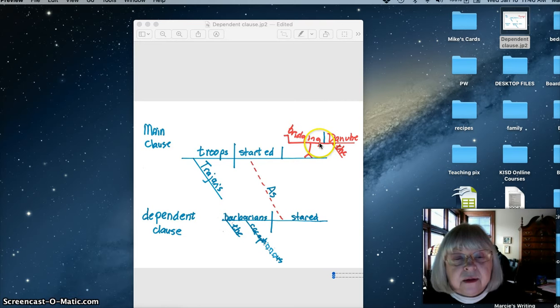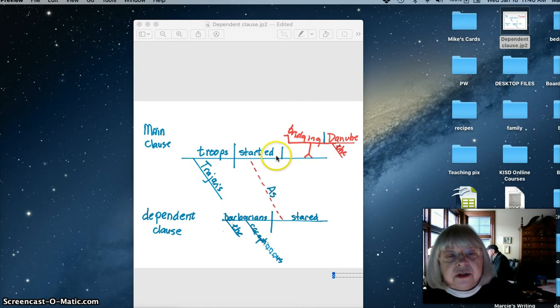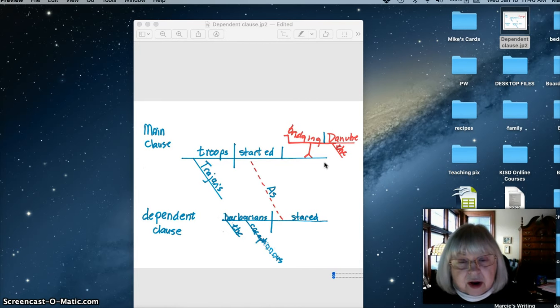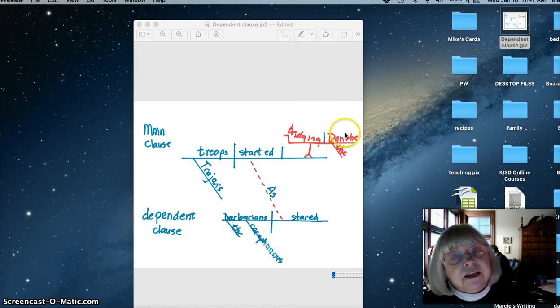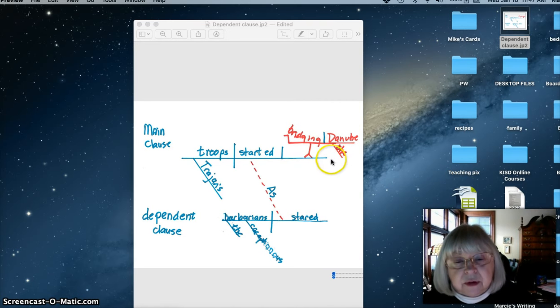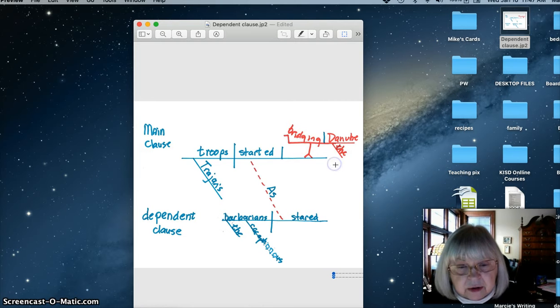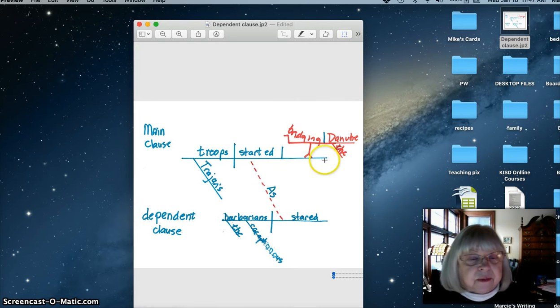Notice the line, and that it doesn't pierce the baseline, and the adjective modifying Danube is in its right place. So that is how you do a gerund phrase. Anywhere you find it, it would be like this. If it didn't have an object, but it had a prepositional phrase, that would come down from it right there. You wouldn't have the little line.